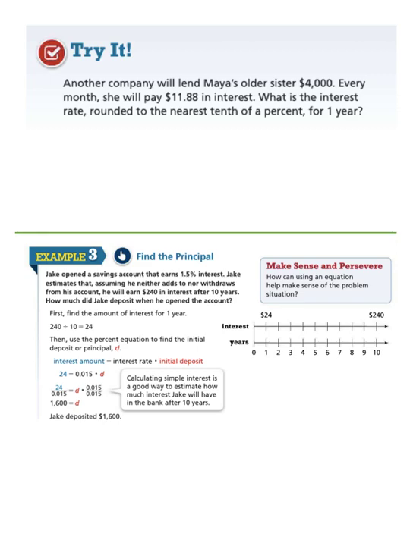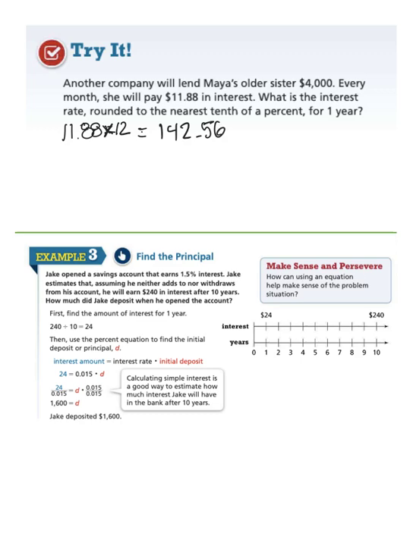That's right. The first thing that you have to do is take the $11.88 and find out what you're going to pay in 1 year. So you have to multiply that by 12, which equals $142.56.